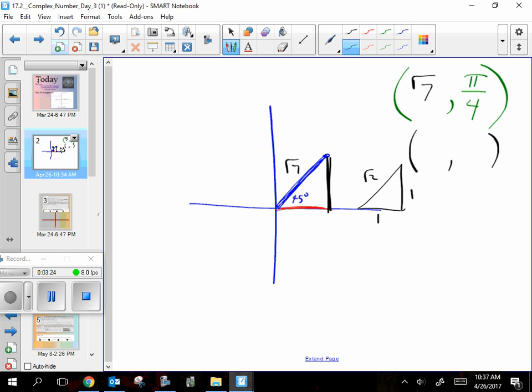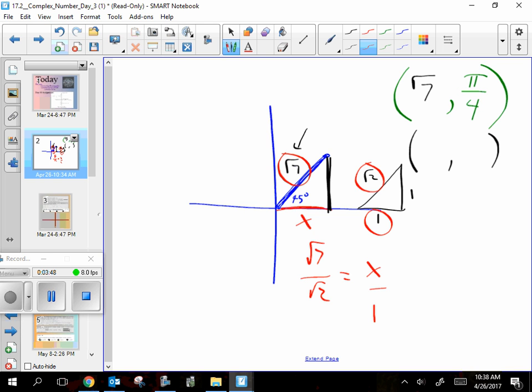You agree this one's bigger because it's got a root 7 instead of a root 2? And we can say the scale of it is then root 7 over root 2. It's that much bigger. And I like to go this way. Root 7 is to root 2 like x is to 1. So x would be root 7 over root 2.